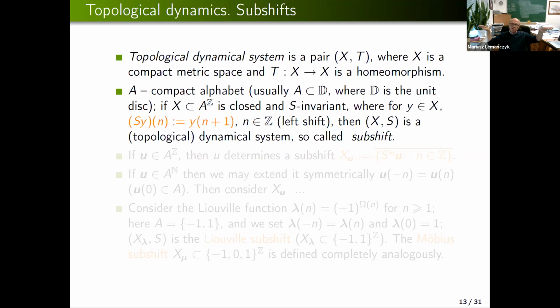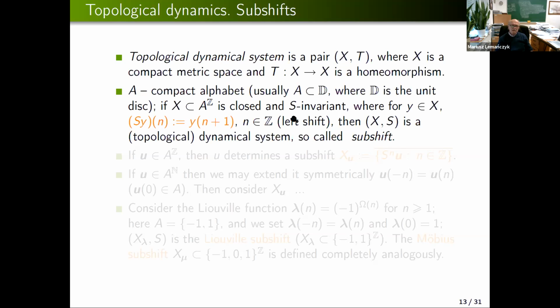So one way of seeing that I can transport it to another sequence is just shift the sequence by one position to the left, and you obtain a new point, probably a new point. So that gives us really a homeomorphism of that space.